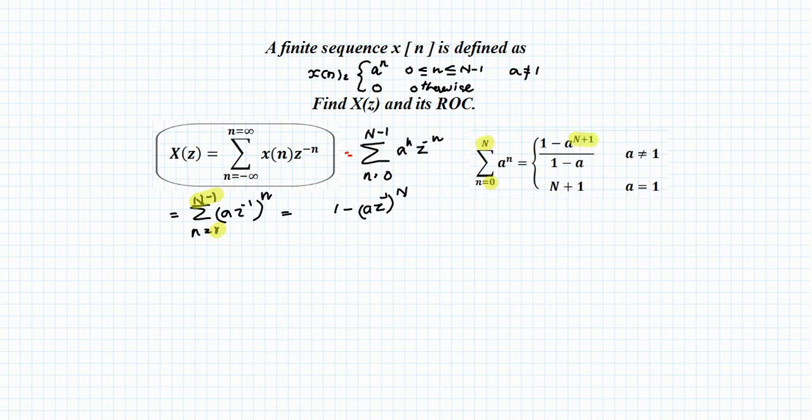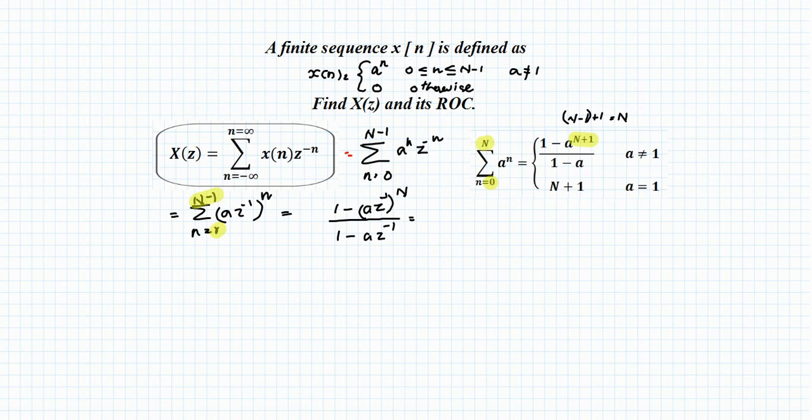So here in place of n, it is given n minus 1. If you substitute n minus 1 here, it becomes n minus 1 plus 1. This is the limit, so it becomes n. And in the denominator you can write 1 minus a z raised to minus 1.